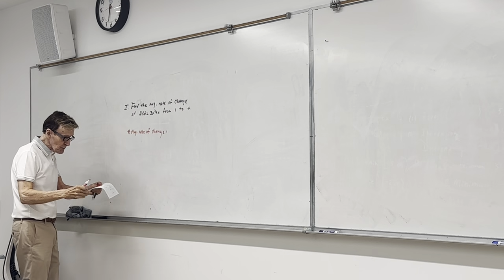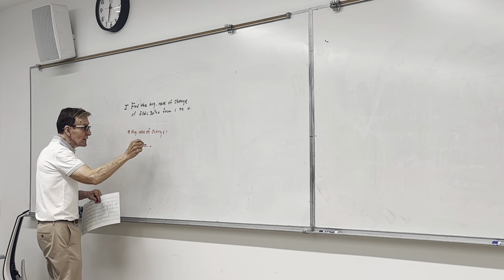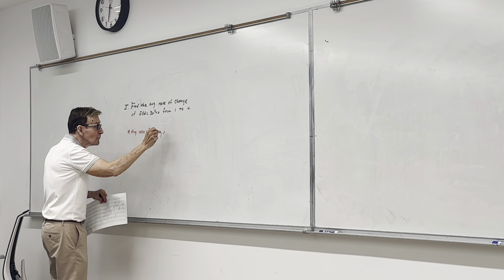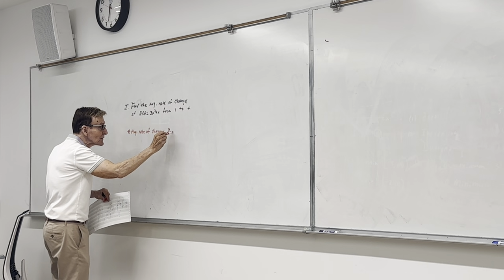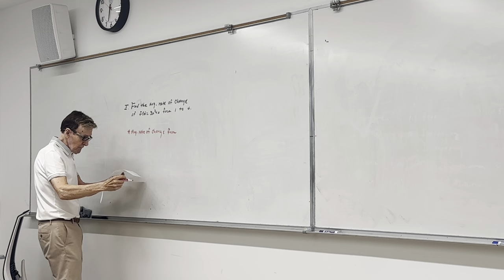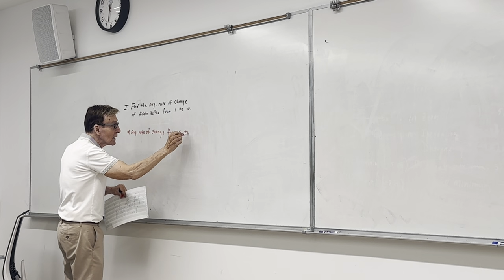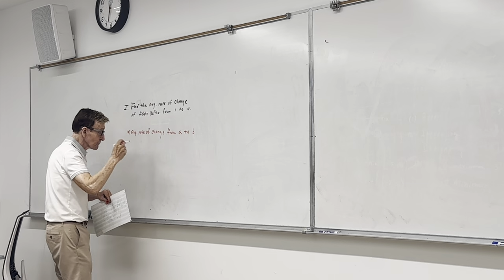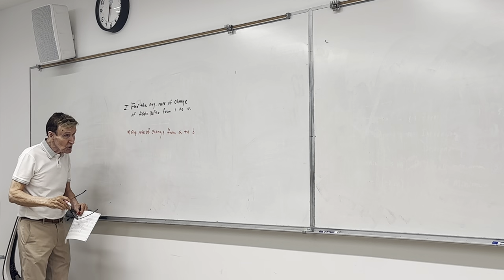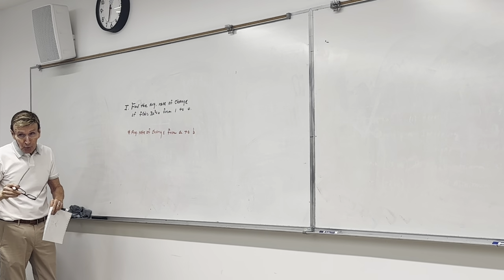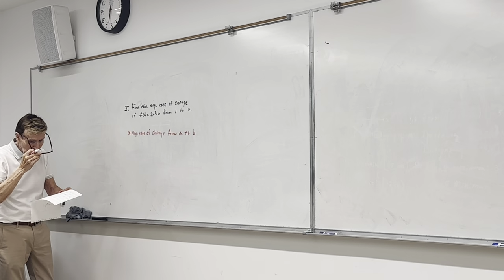Find the average rate of change from A to B for a function whose graph may or may not be provided.